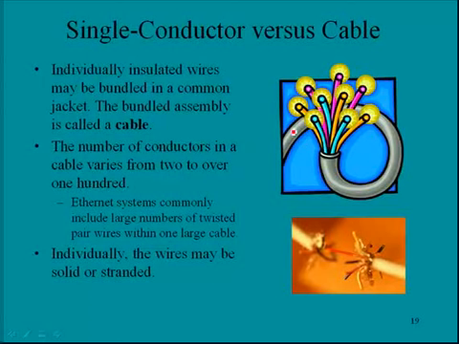The number of conductors in a cable varies from 2 to over 100. Many Ethernet systems commonly include large numbers of twisted pair wires within one large cable. Individually, the wires could be solid, or they may be stranded.